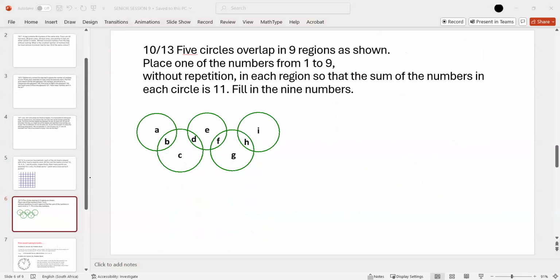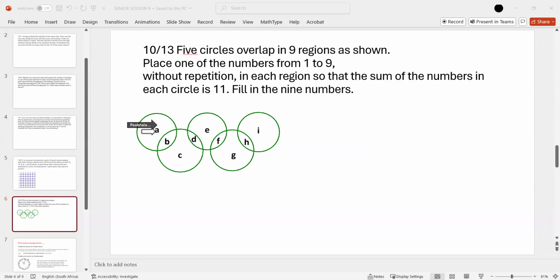Okay, so here you got 5 circles overlapping in 9 regions as shown. Let's have a look at the circles here. You got 1, 2, 3, 4, 5. Okay, there are 5 circles.